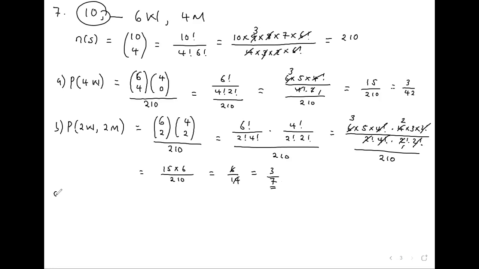Now the crucial one. This is when I need to understand the language. Find the probability that the group chosen includes the 3 sisters. If it includes the 3 sisters, three of the women are sisters.